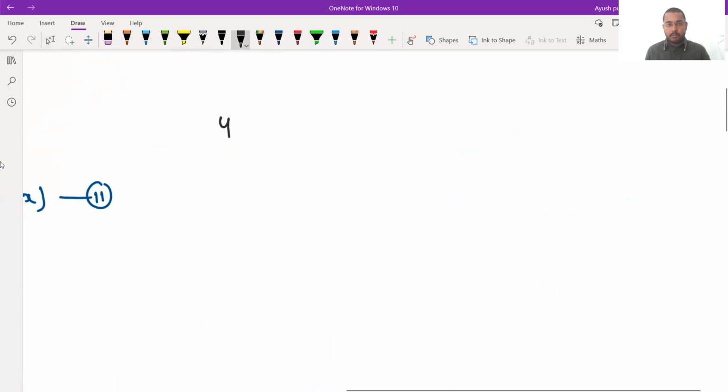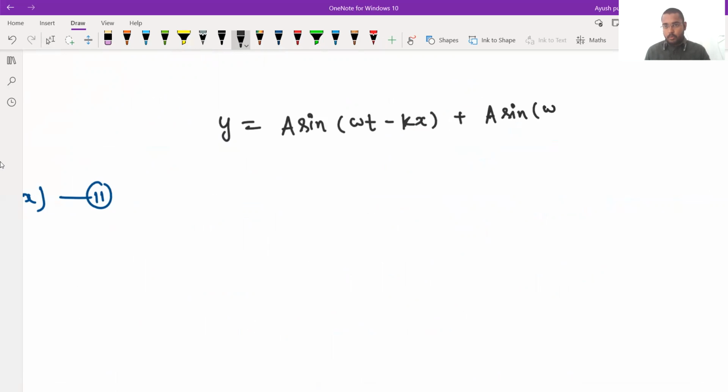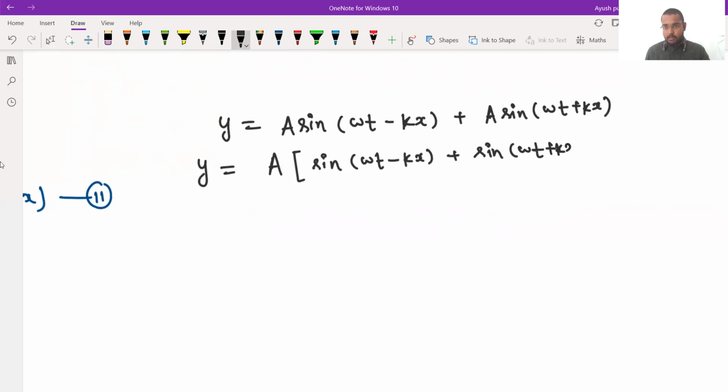Taking a common, in the bracket we are left with sin(ωt − kx) plus sin(ωt + kx).